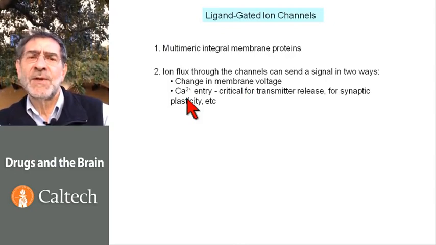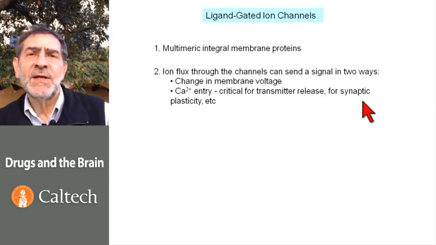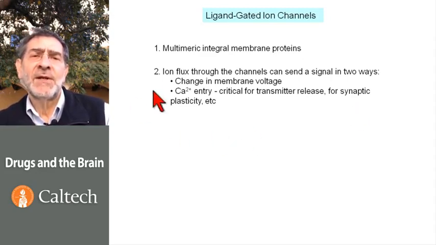This is critical for transmitter release, for synaptic plasticity, and for several other roles. Indeed, calcium is a very common universal transmitter in the nervous system. Cells typically maintain their calcium concentrations quite low, and this allows them to use transient, localized calcium entry as a signaling mechanism.